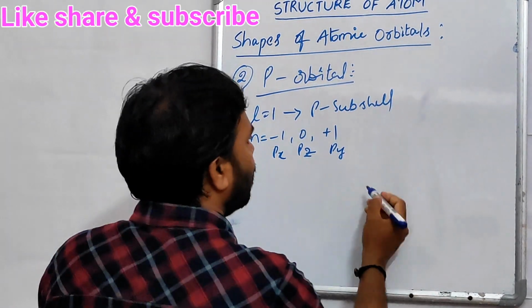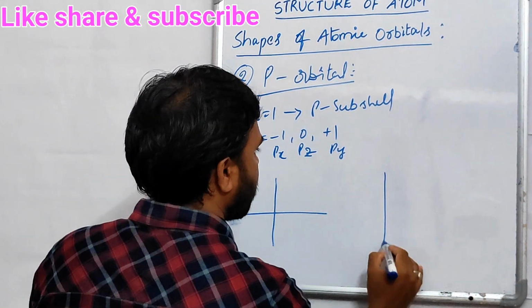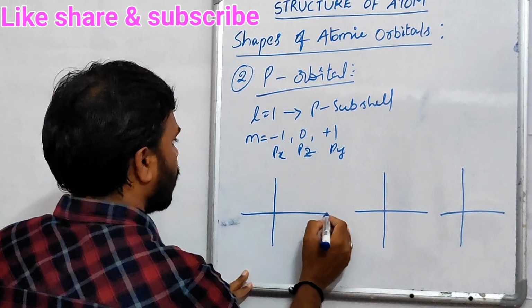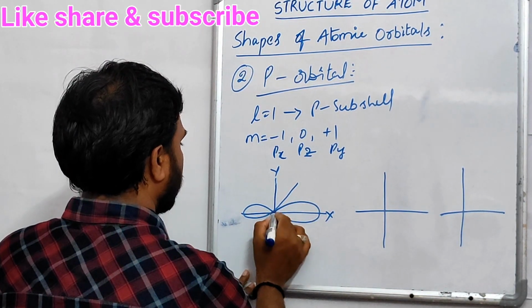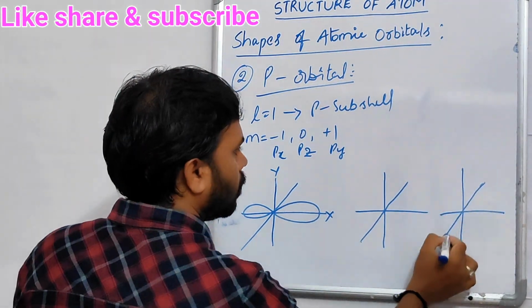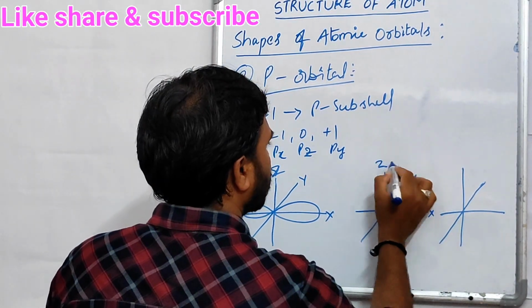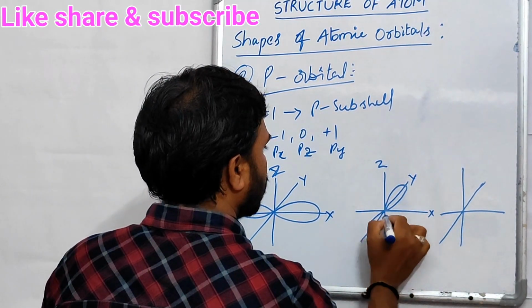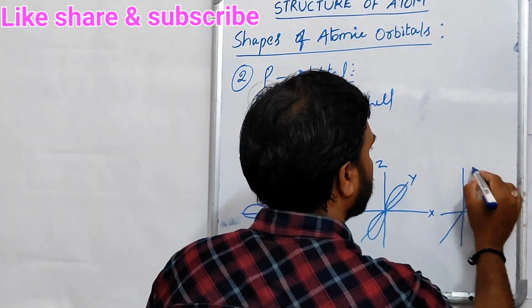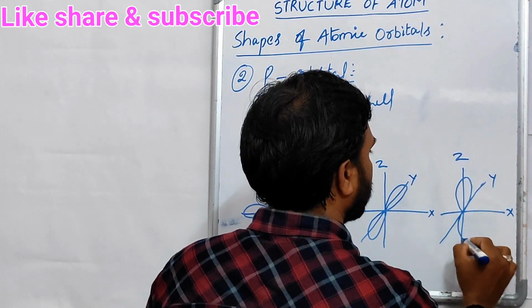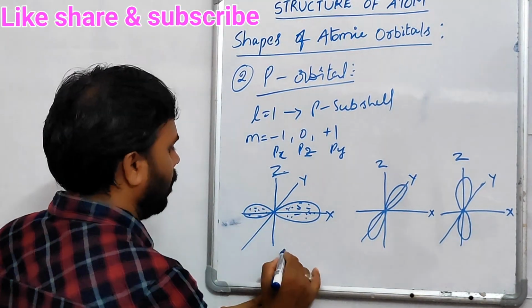Let's try to draw these orbitals. X, Y. This is the Px orbital.